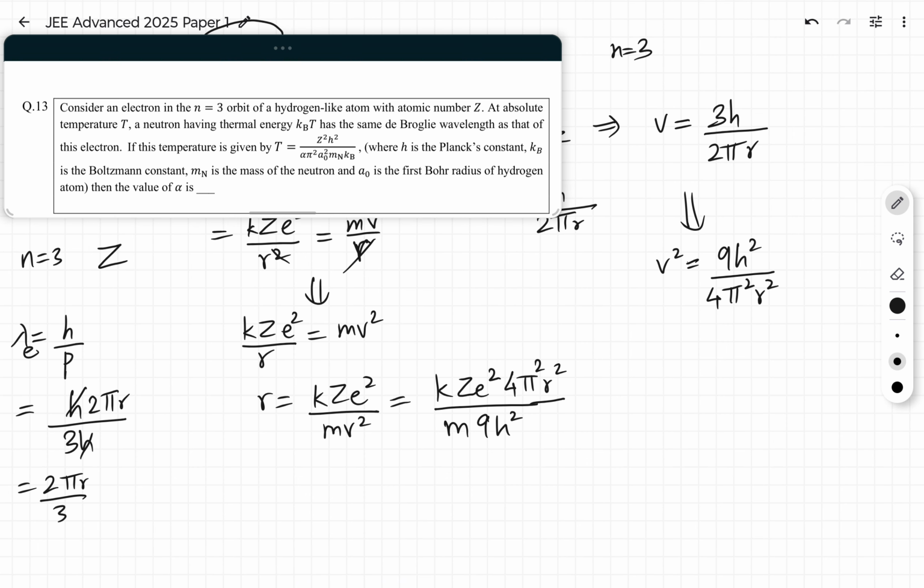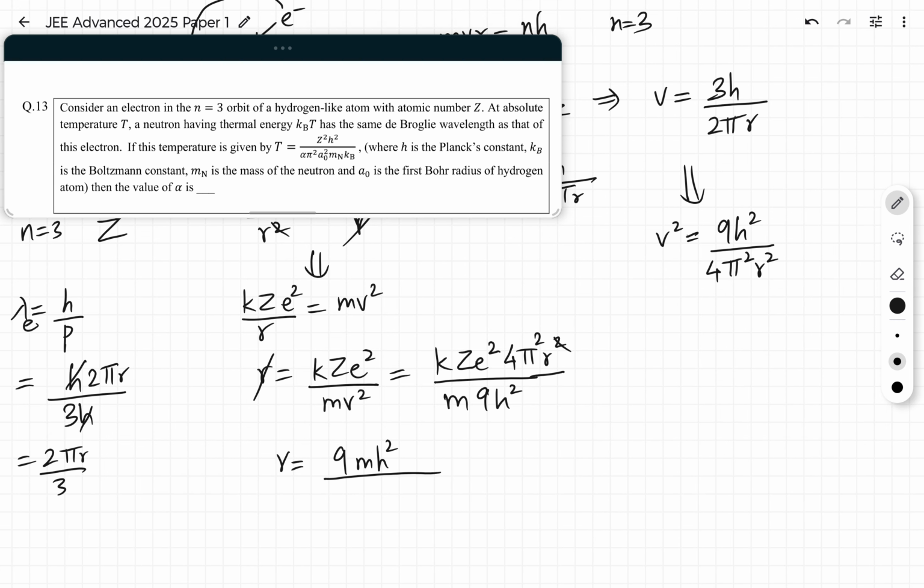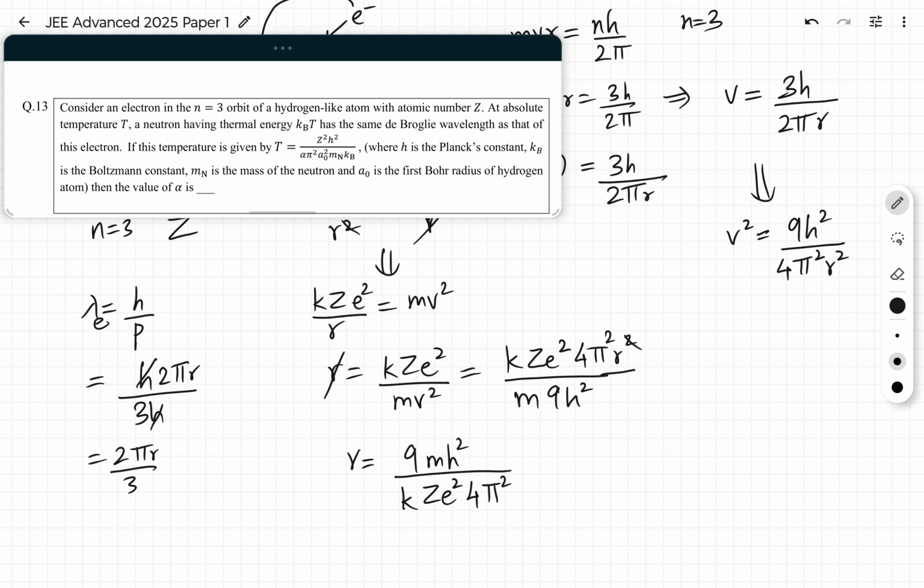Now let's bring this in terms of r, which means r will be equal to 9h squared, and m goes to the denominator, giving us kZe squared 4 pi squared. This is r.